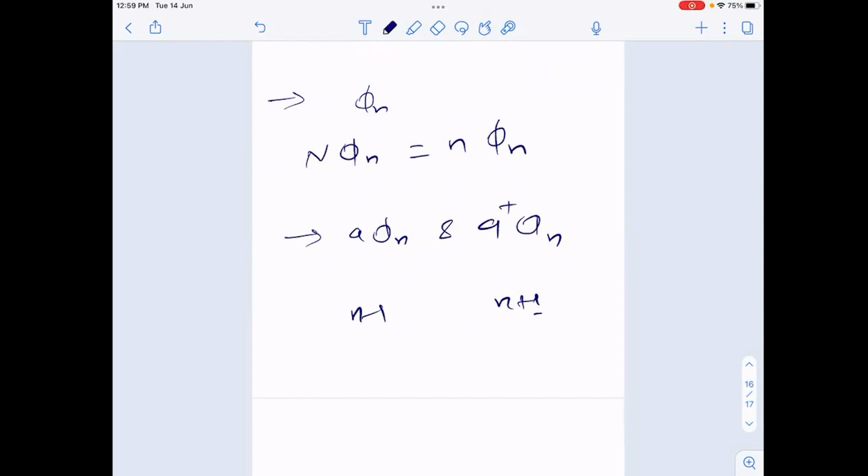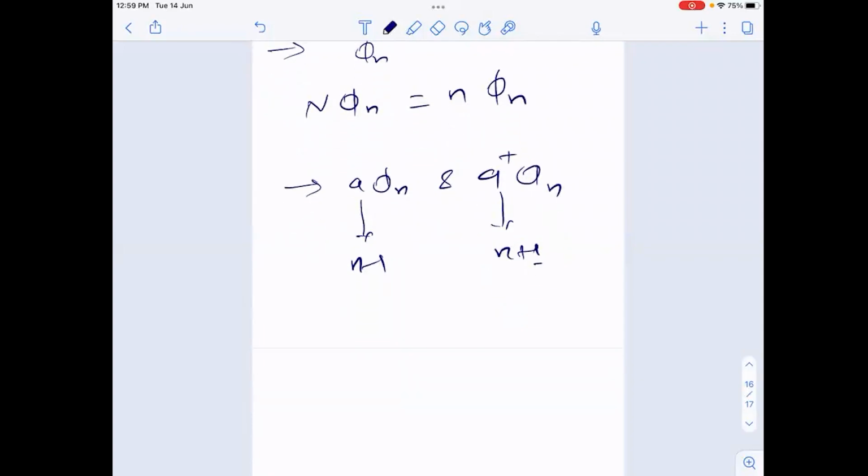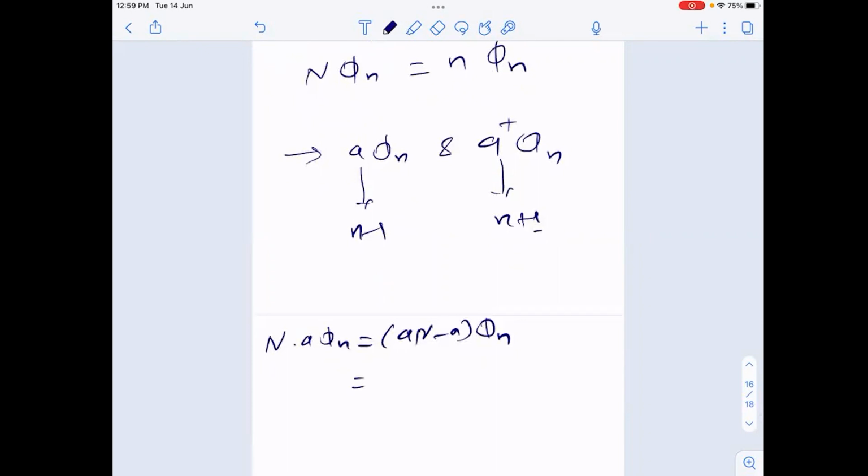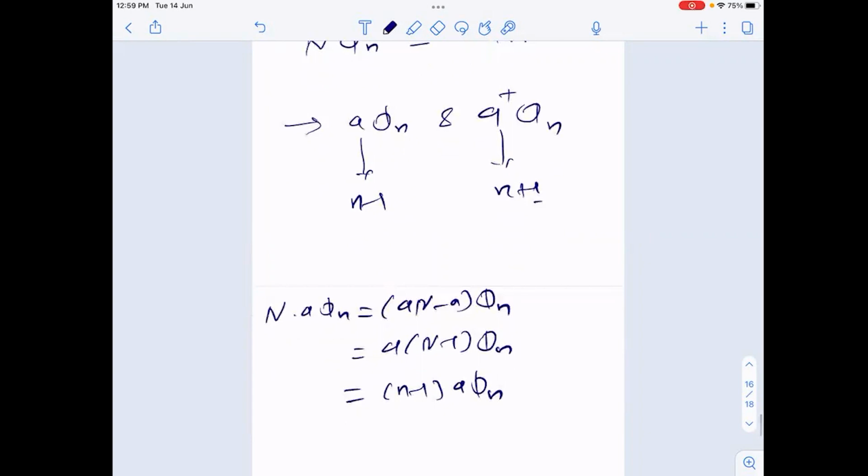I am not going into the derivation, but if you want to see the equation, it is like this. When n operates on a phi n, it turns out to be a, n minus 1, phi n, and hence you have n minus 1 a phi n. So that's why a is associated with n minus 1. Similarly, you can show that a dagger is associated with n plus 1.